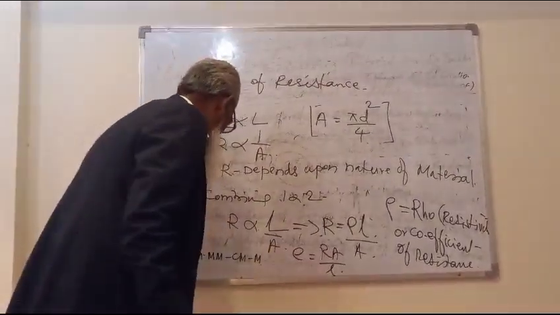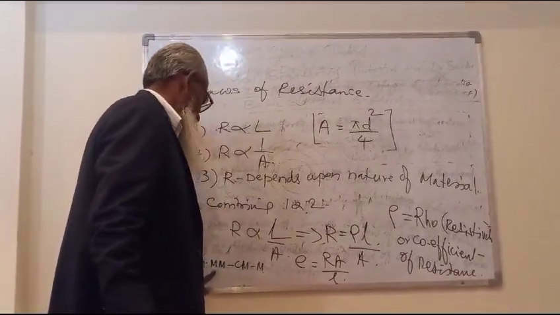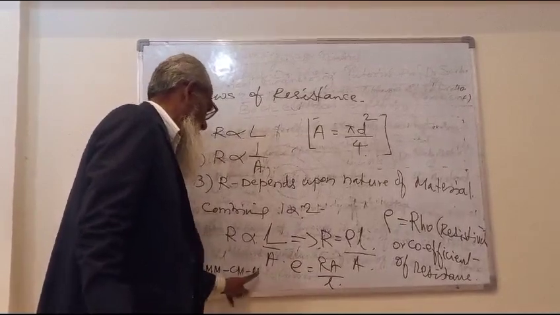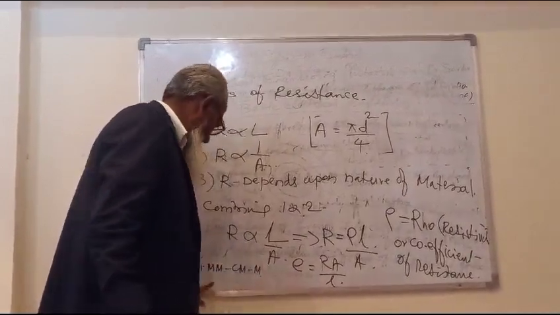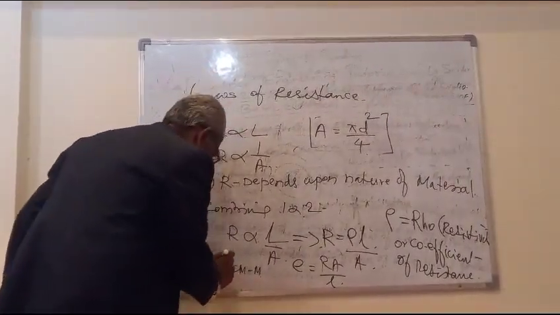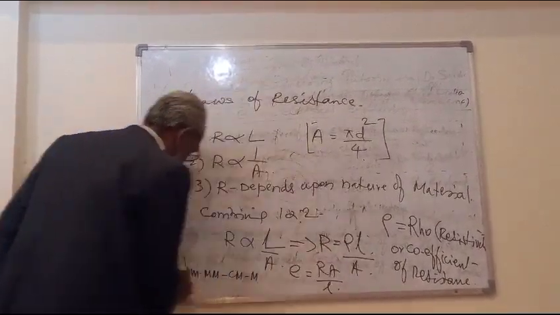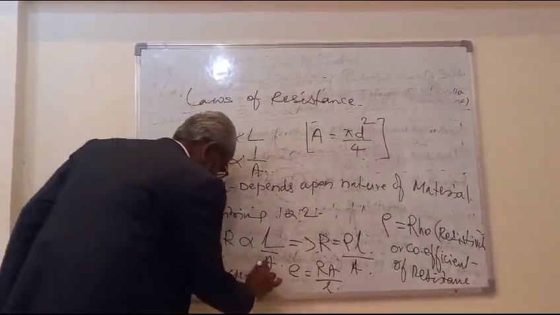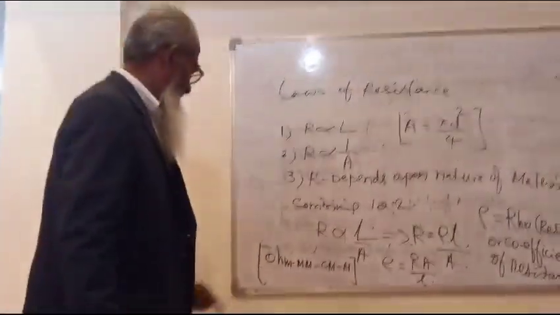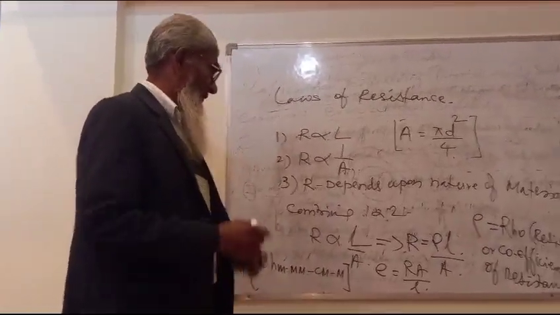So resistance is measured in ohm and length is measured in millimeter. Now area is measured in millimeter square or centimeter square or meter square. Length is measured either in millimeter or centimeter or meter. If you cancel one term from the numerator and denominator, the unit of this coefficient of resistance or resistivity will become ohm millimeter or ohm centimeter or ohm meter.